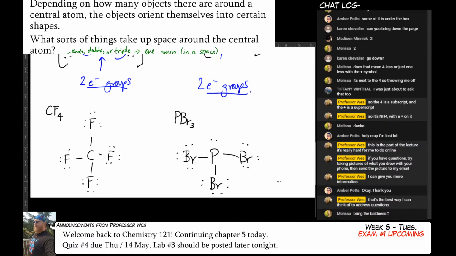All right. So if I'm going to count the number of electron groups on each of these molecules, I first select the central atom. And then I would indicate any of the regions around the central atom where electrons live. So that would be here, here, here, and here. So this would have 4 electron groups.